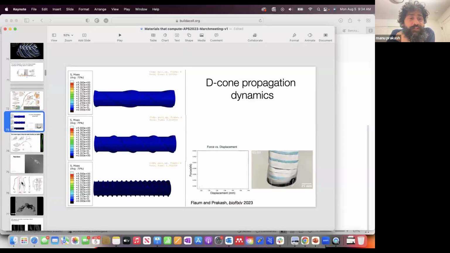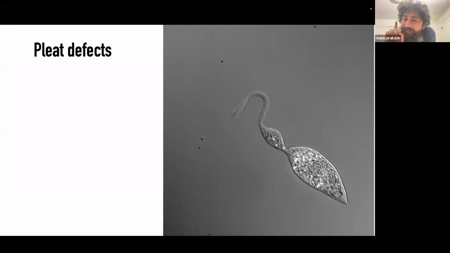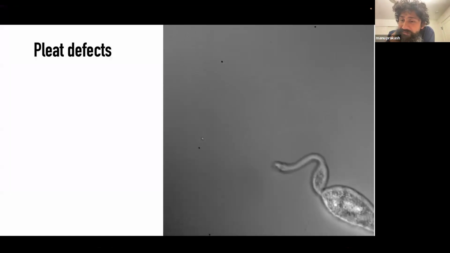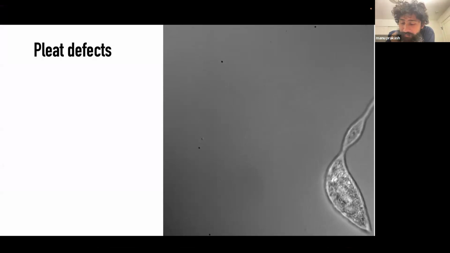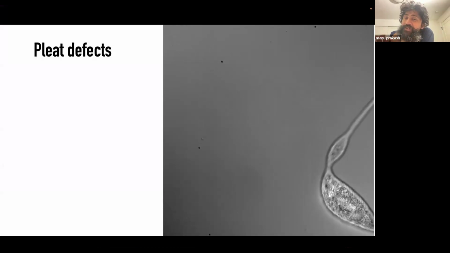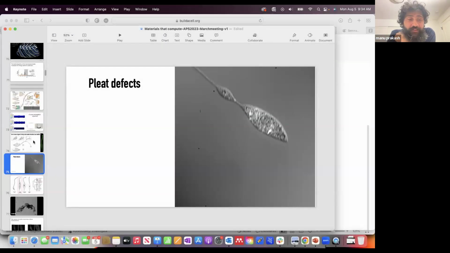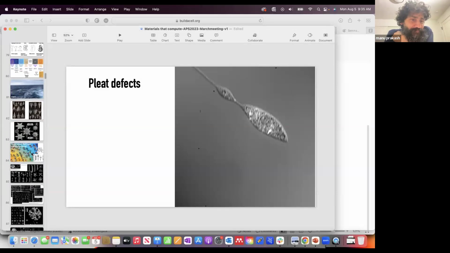We've been able to build these sets of architectures, but very, very rarely we can find cells that have a pleat defect. So this is an example of a cell that biochemically is completely fine, but it actually has a pleat defect because the D-cones opened at the wrong location and it cannot come out of it. So, just to give you a sense of why geometry is important.